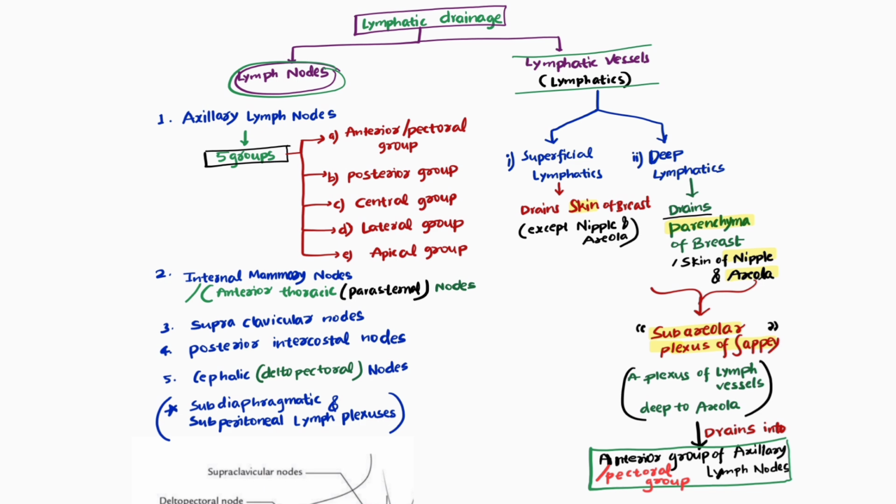So as we summarize, superficial lymphatics and deep lymphatics. Superficial lymphatics drain from the skin of the breast except nipple and areola, and the deep lymphatics drain from parenchyma of breast and skin of nipple and areola in the form of subareolar plexus of Sappey, which in turn drains into anterior group of axillary lymph nodes.